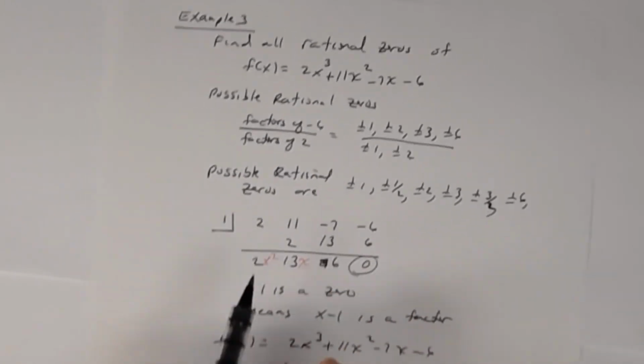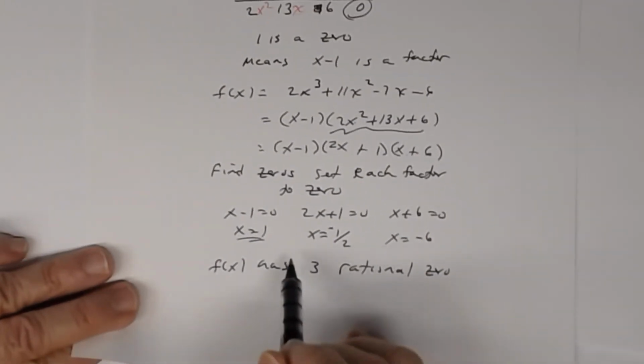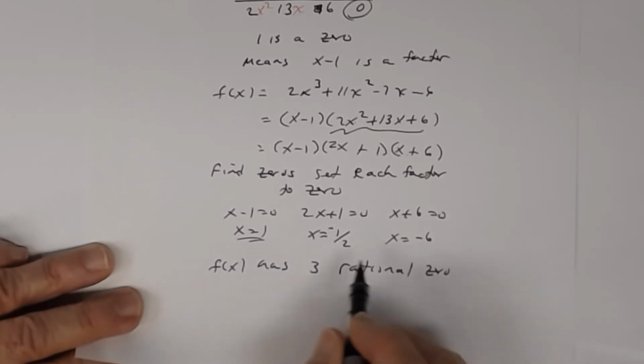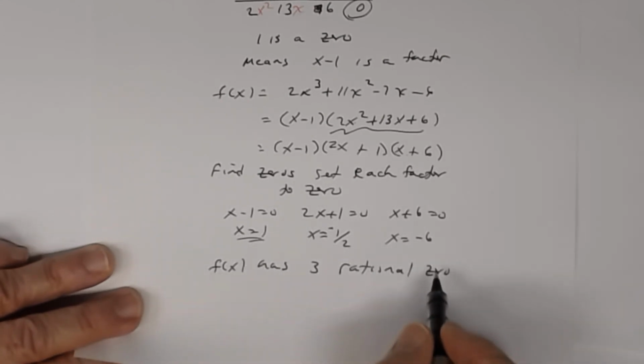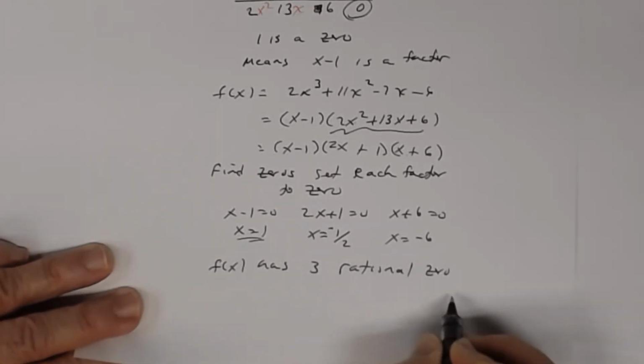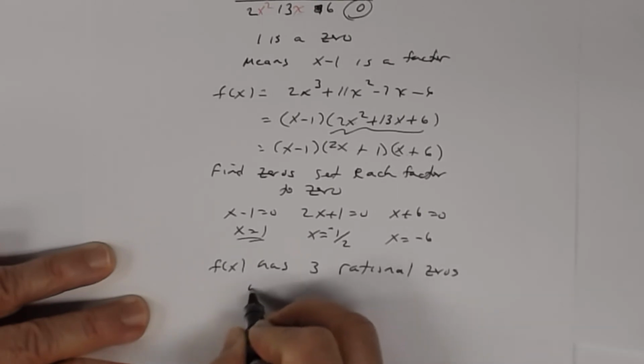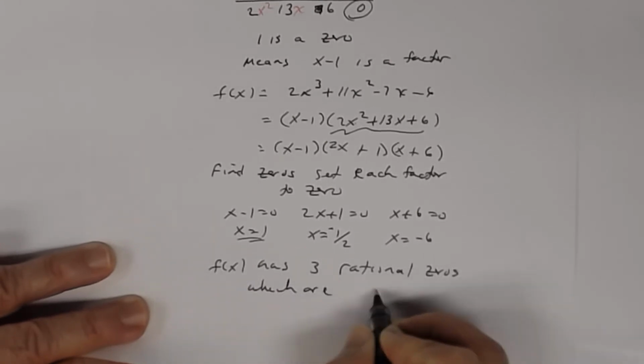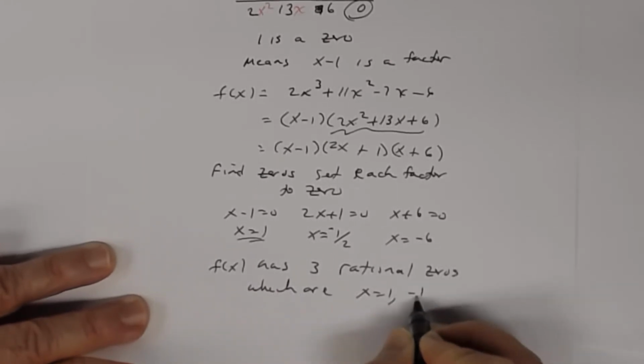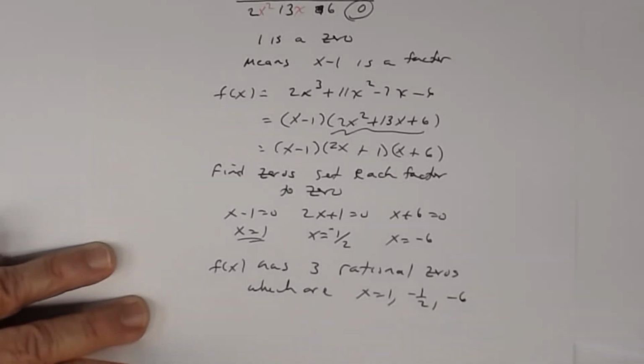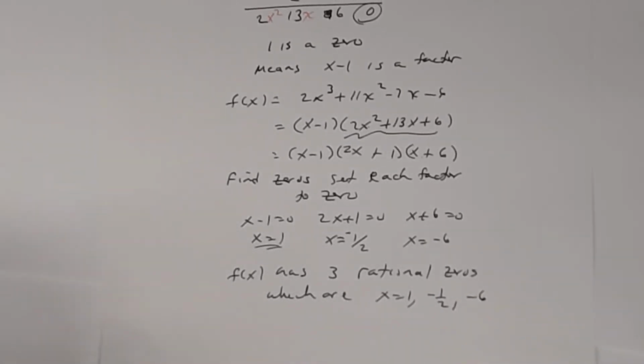So I have 3 zeros, and there they are. They're actually rational. None are irrational, none are complex. So f of x has 3 rational zeros, which are x equals 1, negative 1/2, and negative 6. Okay? All right, so very simple, right?